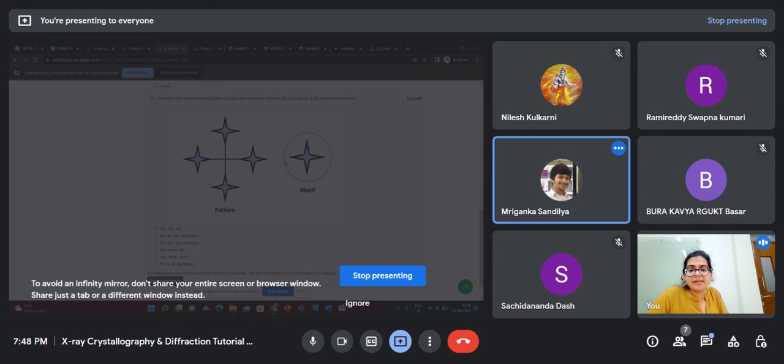So if any object has C4 symmetry, then C2 symmetry will always be there. If we rotate it by 180 degrees, this point will come here, and again it will give the identical picture.